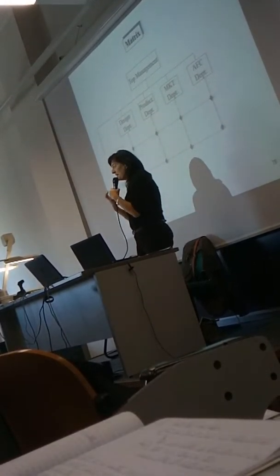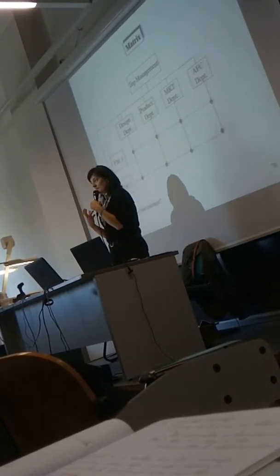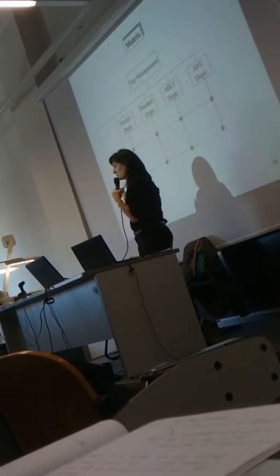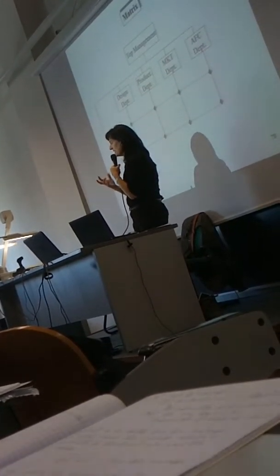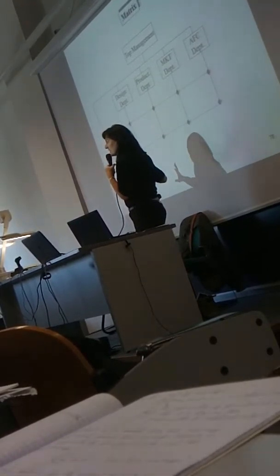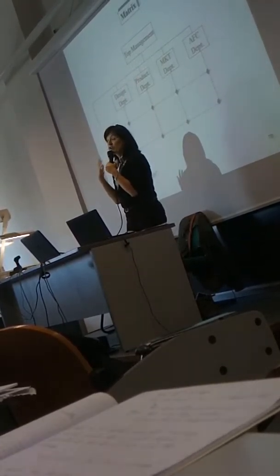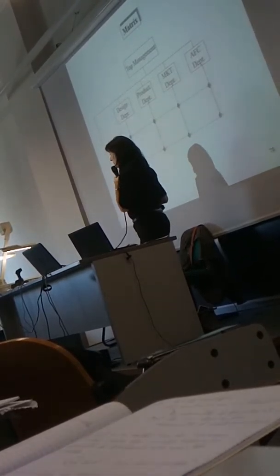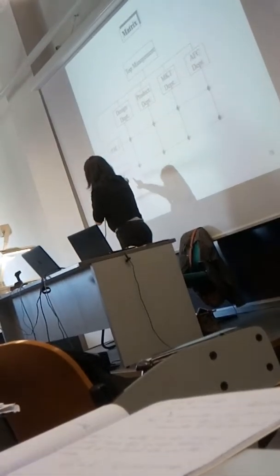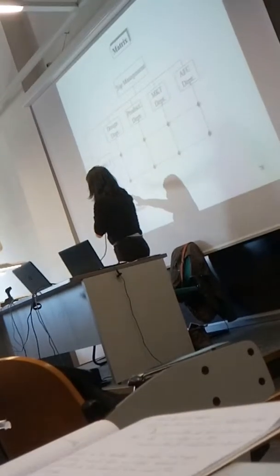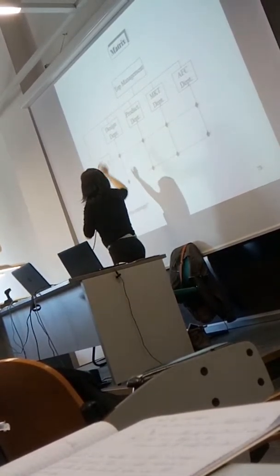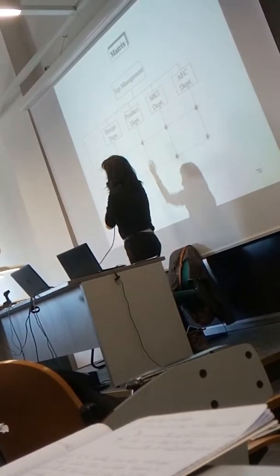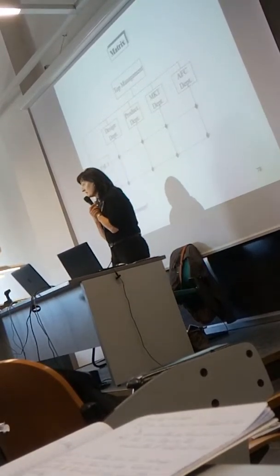So the main problem that is possible to identify in this kind of structure is the conflicts that arise. Why? Because this manager receives different orders from the PM and, for example, from the responsible of the design department.